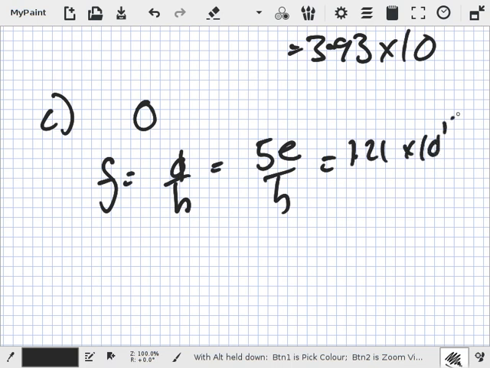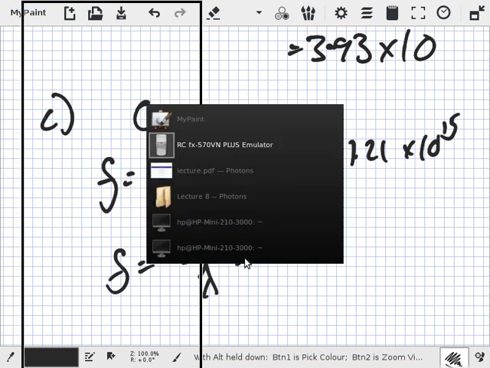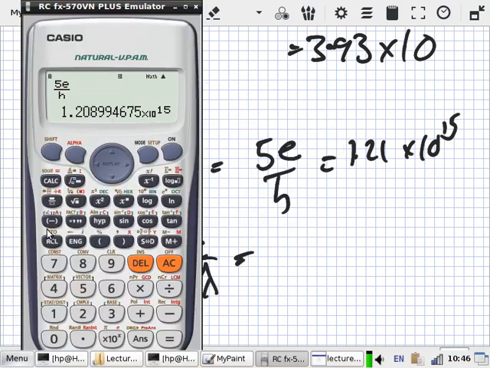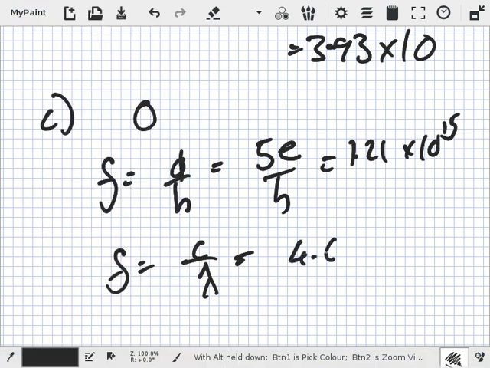Now, what is the frequency of the light we're using? It's c over lambda. What's the lambda? 6509. It's 4.61 times 10 to the 14.